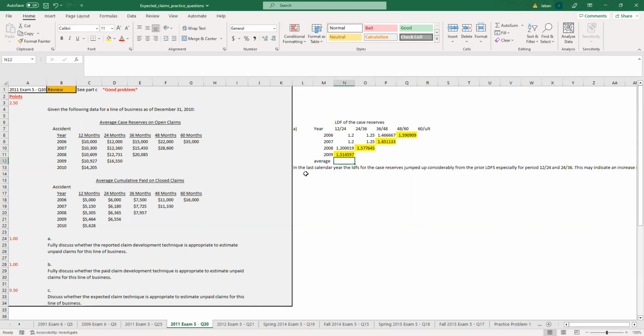Oh, wait, hold on. If LDFs are lower, so if the LDF is higher at the last period, that means more claims would have had to been reported earlier, meaning they're reserving more earlier. We're actually reserving less because it develops more. Interesting.